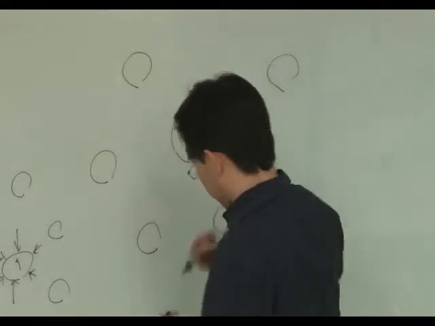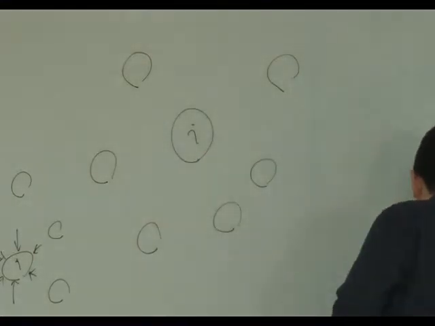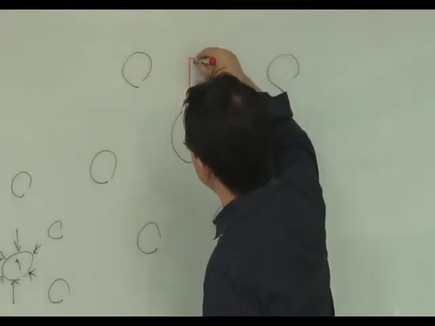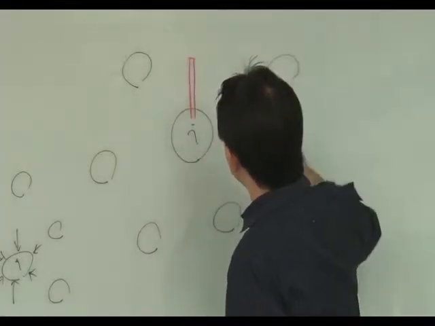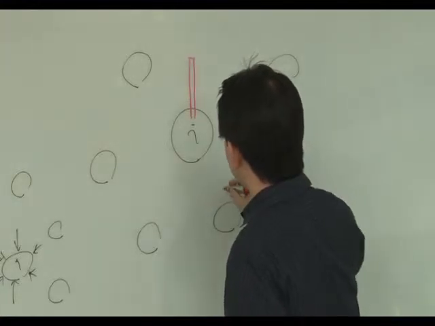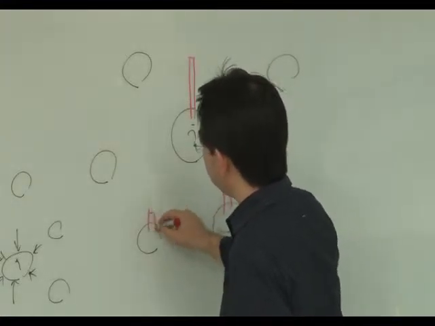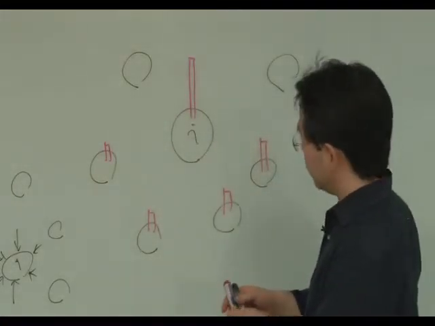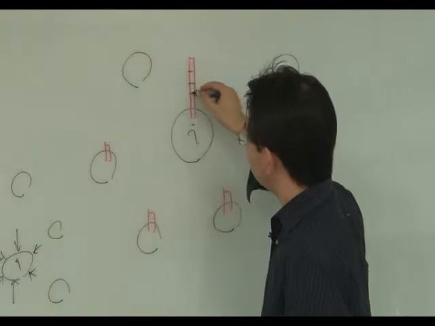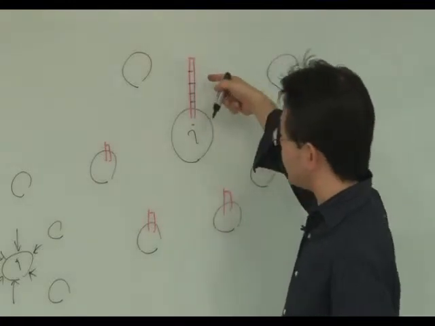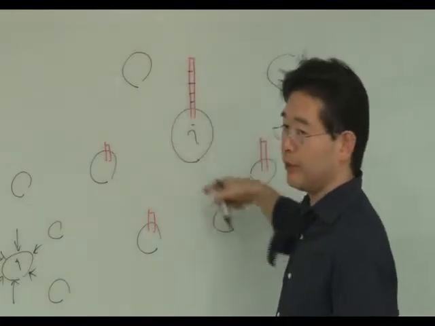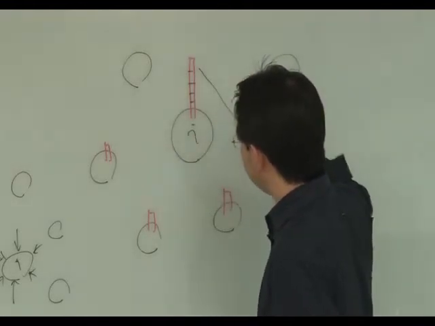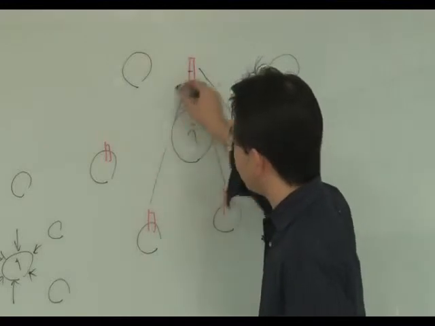If this particle I has high momentum and the surrounding particles have smaller momentum, this excess of momentum will be distributed to other particles. So the diffusion model is like this.